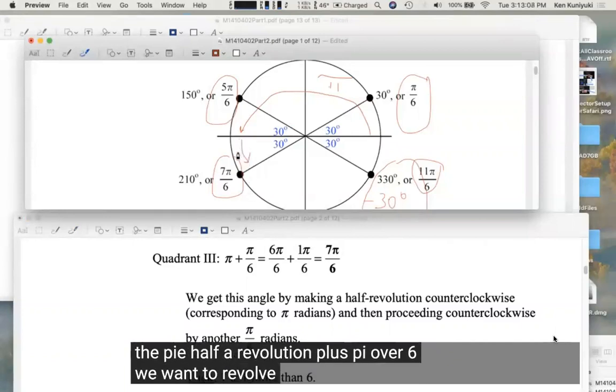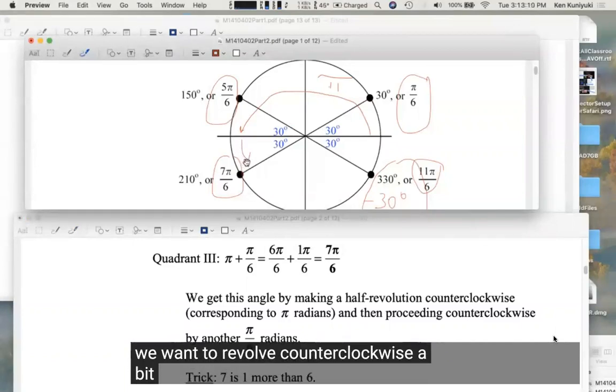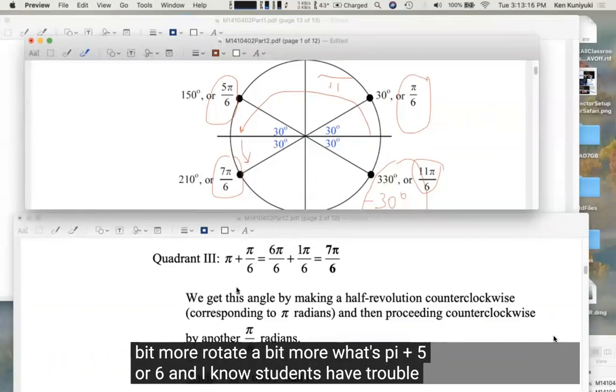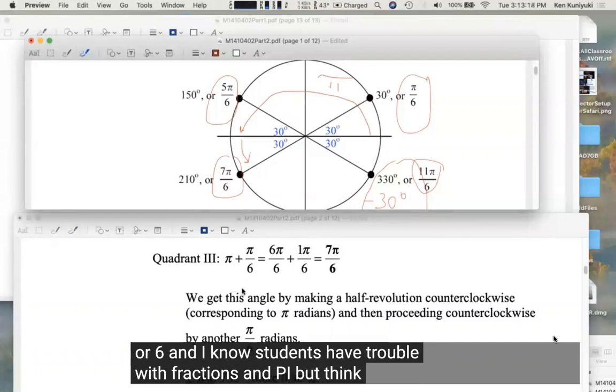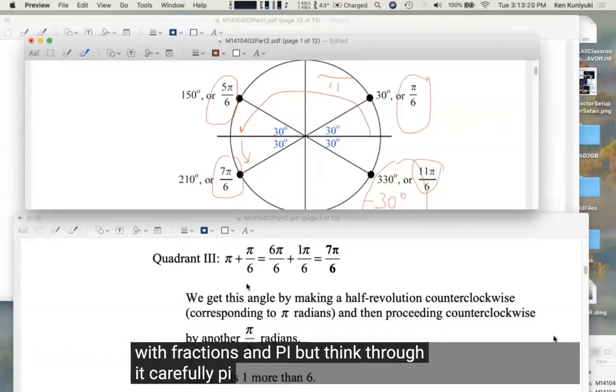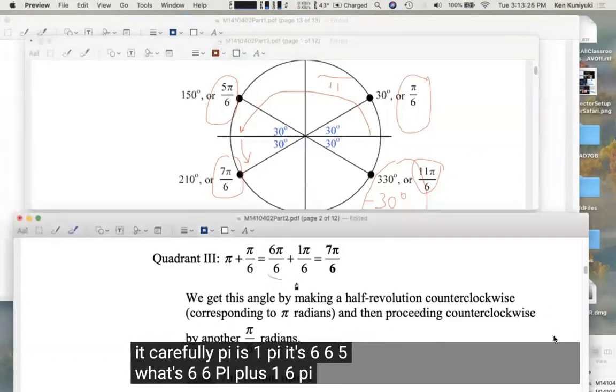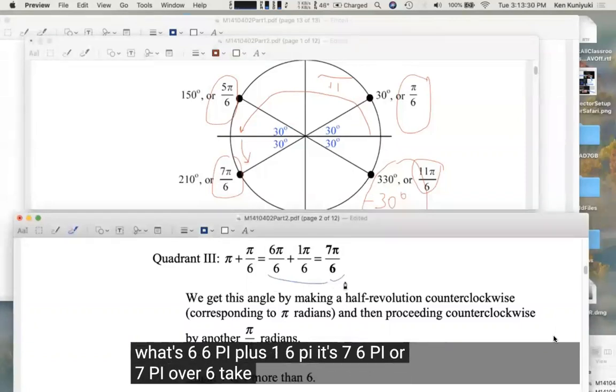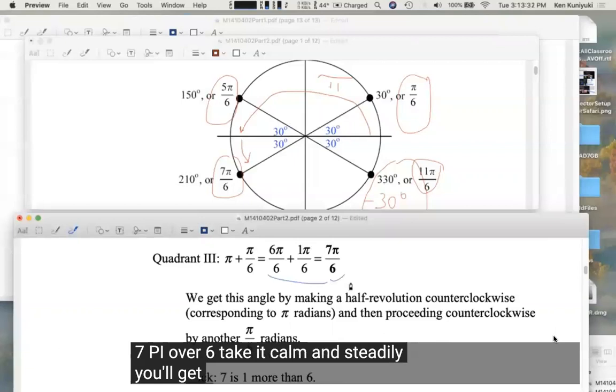We want to revolve counterclockwise a bit more. What's pi plus pi over 6? And I know students have trouble with fractions and pi, but think through it carefully. Pi is 1 pi, it's 6/6 pi. What's 6/6 pi plus 1/6 pi? It's 7/6 pi, or 7 pi over 6. Take it calm and steadily, you'll get it.